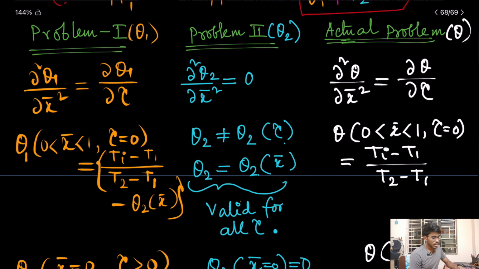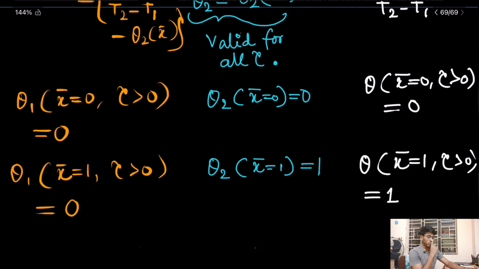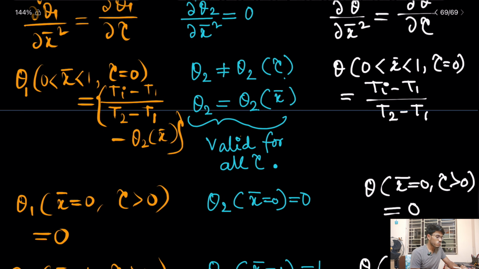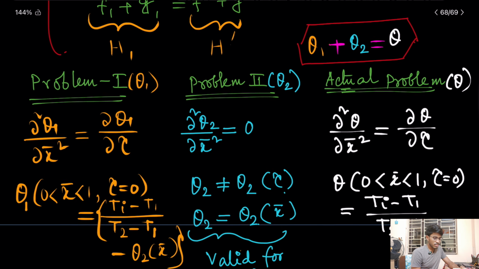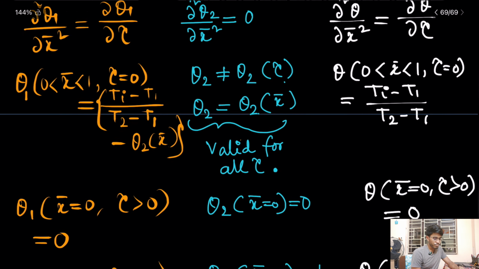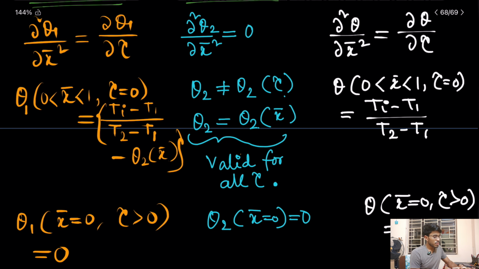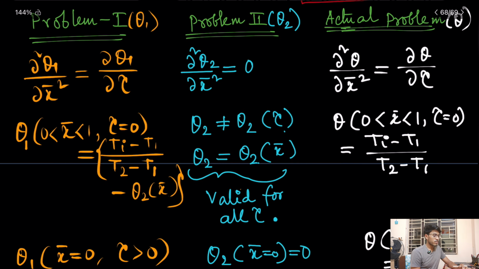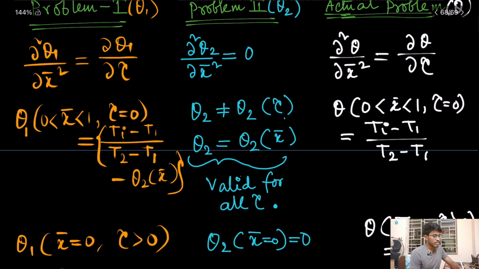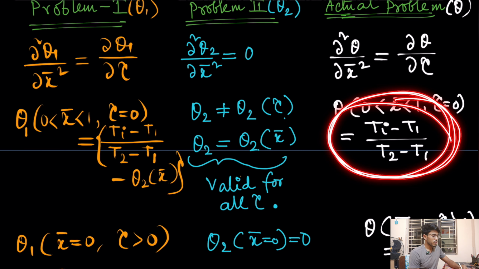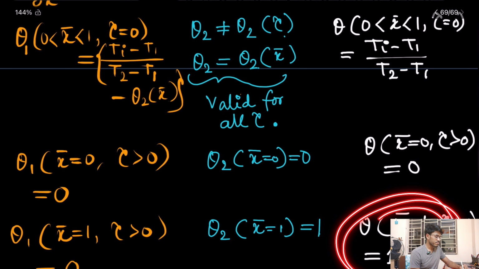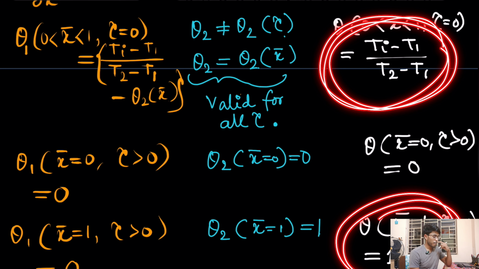So did you understand the whole philosophy of how we broke the problem into two problems? Let me explain this again. The main problem was that we cannot apply the separation of variables here because in the actual problem we had two inhomogeneous equations, this one and this one, right?